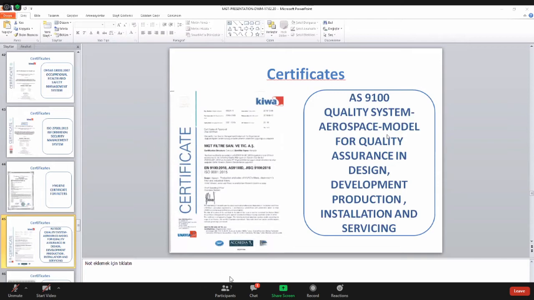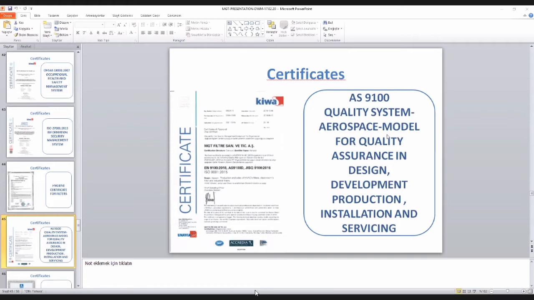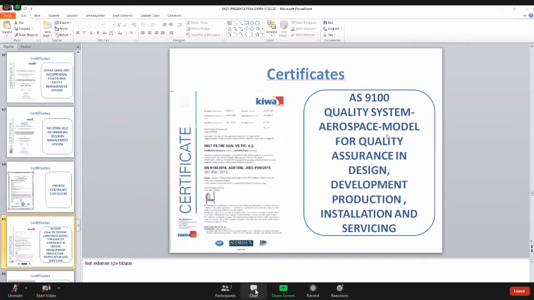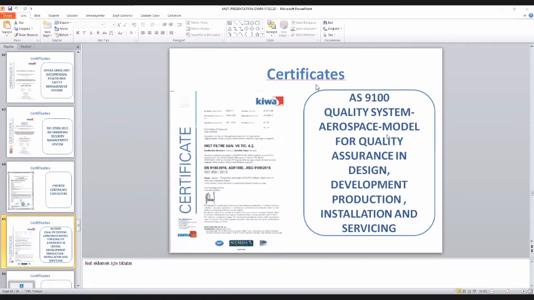But we just started. We tried to supply Airbus, and also Turkish Airlines. We had communication, and we had supplied some products to them. So we are proud of this certificate. It is a different area for us, but just improving the current one. It's not like the standard air filtration, you know.